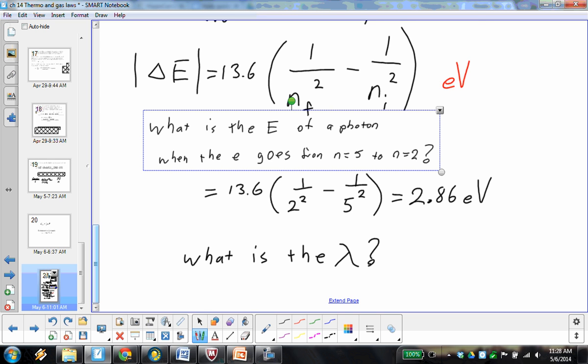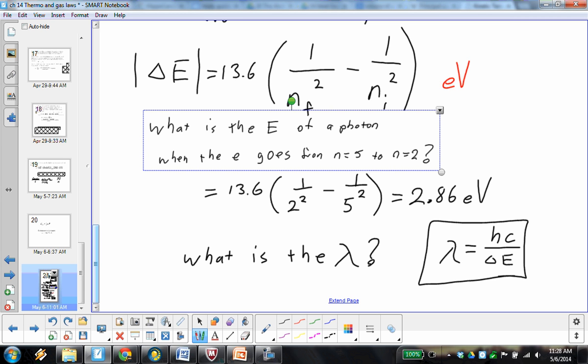If this is the energy, what is the wavelength? Just due to time, we're going to express it this way, where wavelength is equal to hc over the change in energy. This is the equation we want to use.